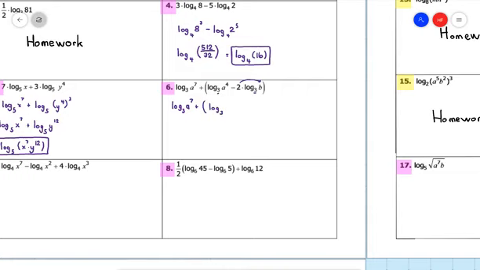Log base 3 a to the 4th minus log base 3 b squared. And since there's a minus there, I'm going to make it into division. Log base 3 a to the 4th over b squared.